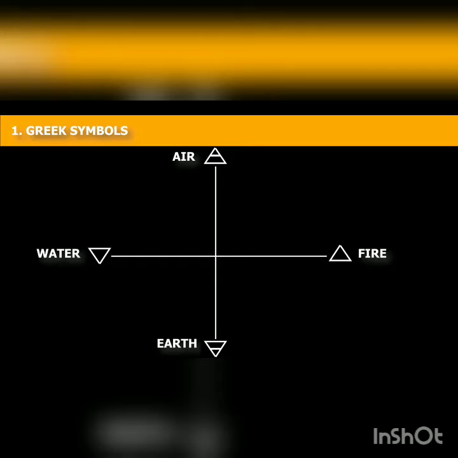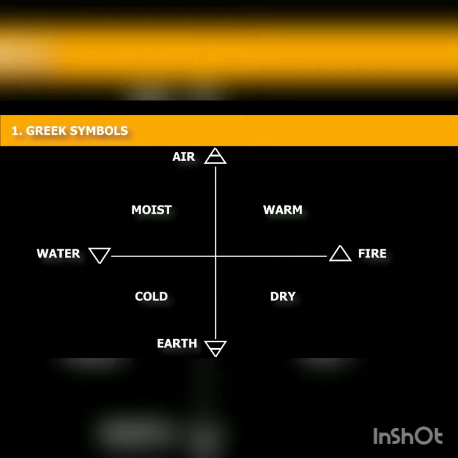For example, moist things were represented using symbols of water and air. Warm things were represented using symbols of air and fire. Dry things were represented using symbols of fire and earth. And cold things were represented using symbols of earth and water.